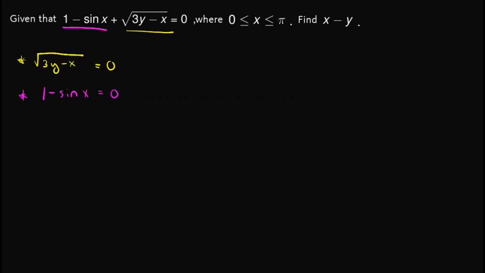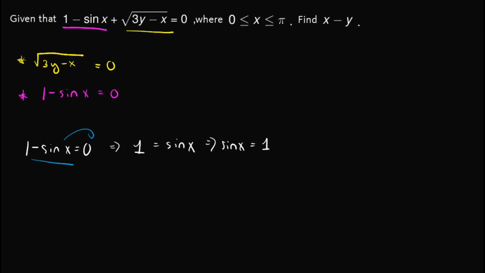So from there, starting with 1 minus sine x equals 0, we can already solve for the value of x. We could move the sine x to the other side. So we will have 1 is equal to sine x, or simply sine x is equal to 1.